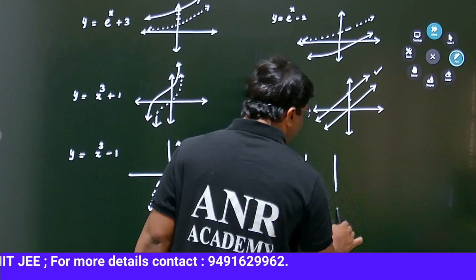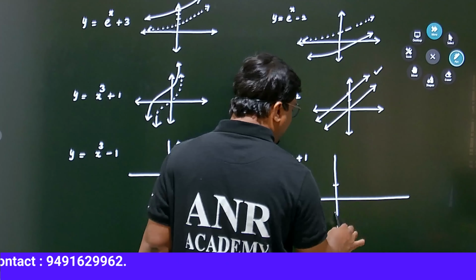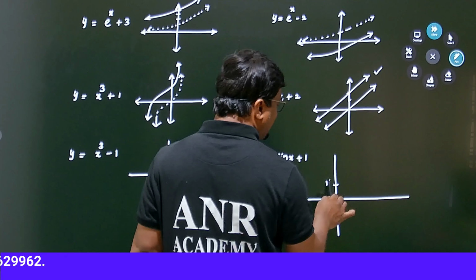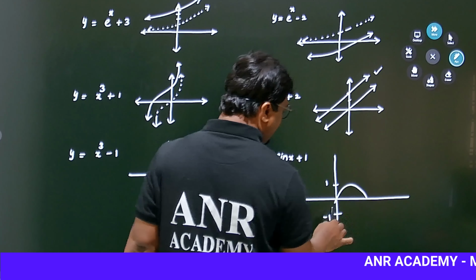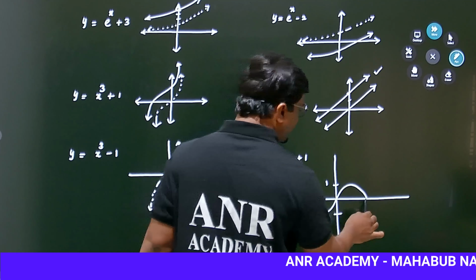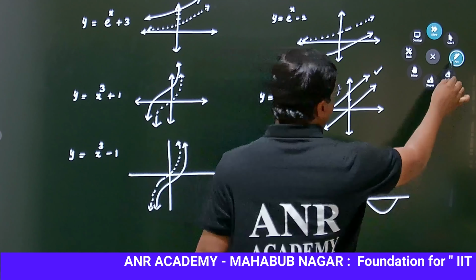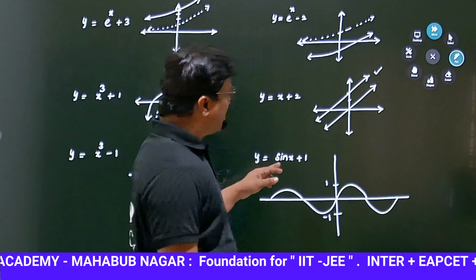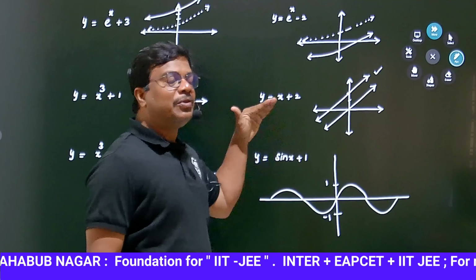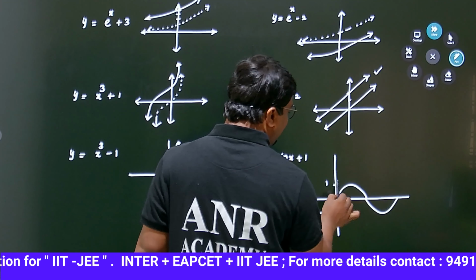We know the graph of sin x. Sine graph defined for all x belongs to R, maximum 1, minimum minus 1. And this is the graph extension to this. Now, if you have sin x plus 1, that means you have to shift the graph 1 unit above, so that the graph becomes like this.